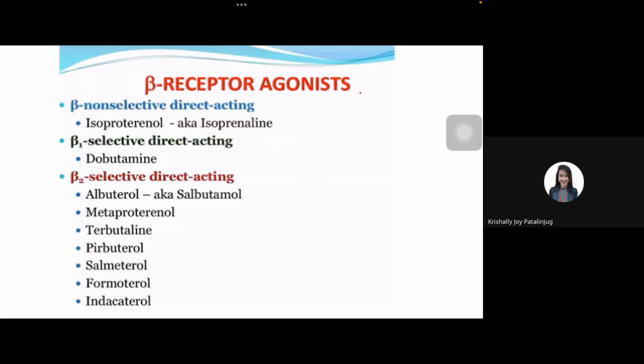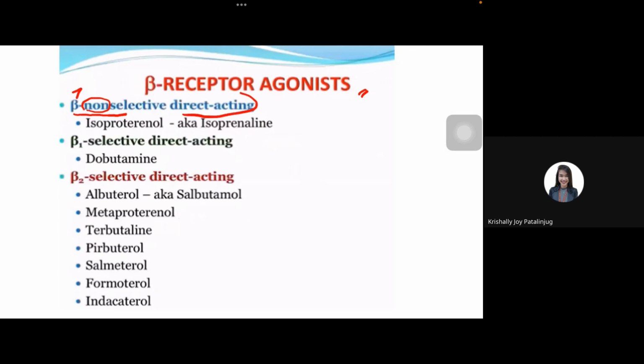Next. So done with alpha 1 and alpha 2. So what are examples naman of beta agonists? So we actually have non-selective beta agonists. Bakit non-selective yung nakalagay, ma'am? Tapos beta receptor lang naman ang gina-activate, so it should be selective.